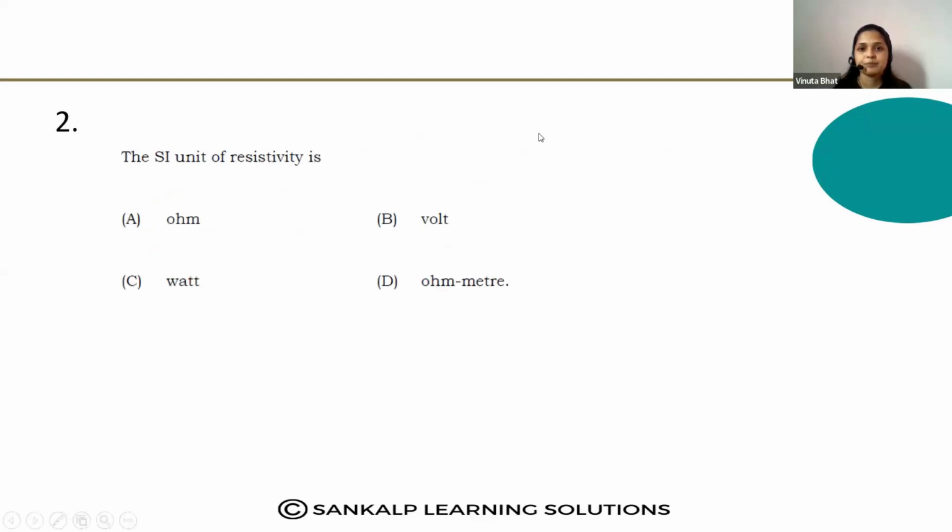Next question. The SI unit of resistivity is: ohm, volt, watt, ohm meter. Here we need the standard unit of resistivity. Ohm is the SI unit of resistance. Then volt is the SI unit of potential difference.